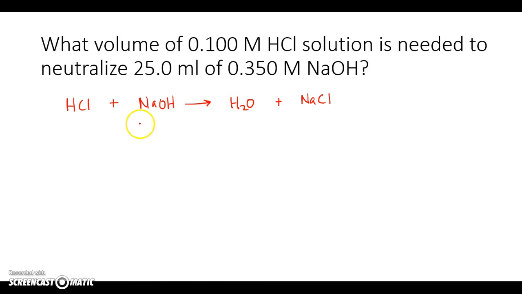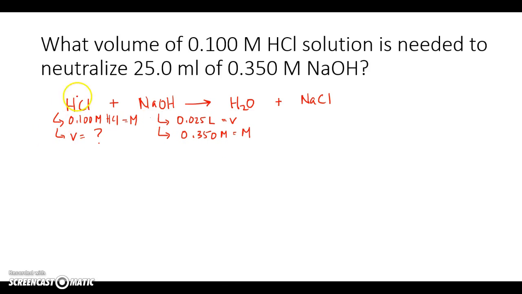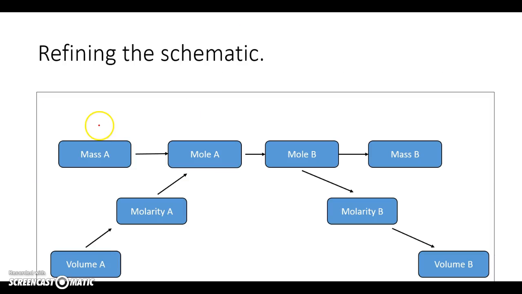Let's add information on this here. As we have seen from above, we have the volume and the molarity of our NaOH, but are still looking for the volume of HCl. So we're going to look back at our schematic yet again and see which path we're going to follow.